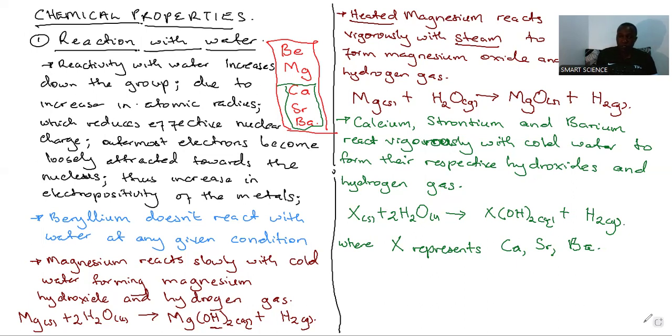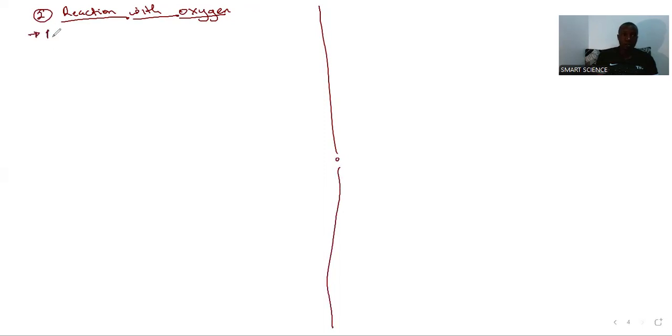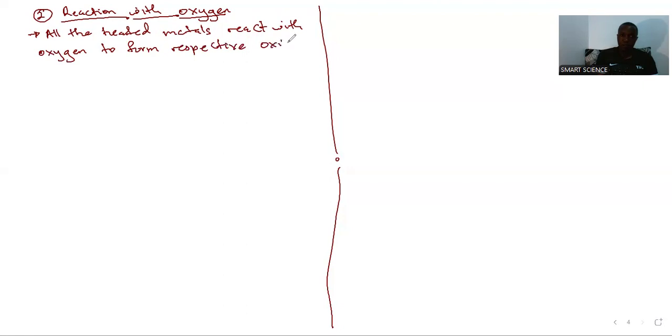If we cross to property number 2, we are going to realize that under property number 2, we shall look at reaction with oxygen, and we shall realize that all the heated metals react with oxygen and form respective oxides.